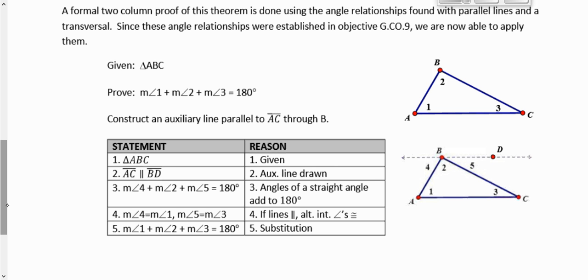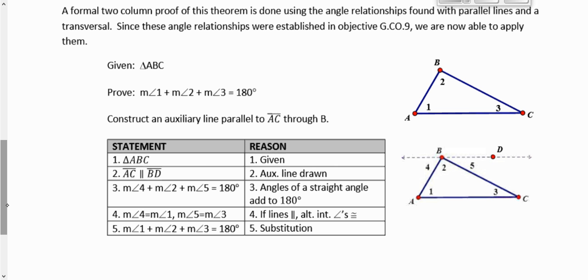Now, one thing you can do on a proof, and you're free to do this. Does anybody see what they've done to help here? What was the first thing they did here? They drew an auxiliary line. We got that? You can construct an auxiliary line in any diagram that you like, right?